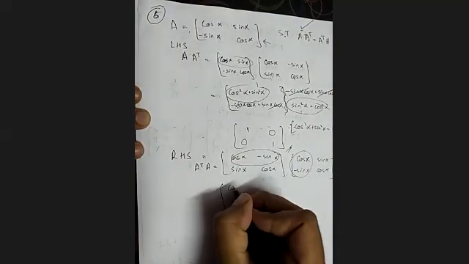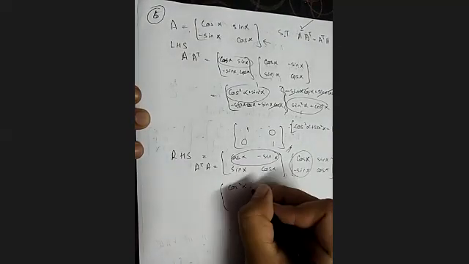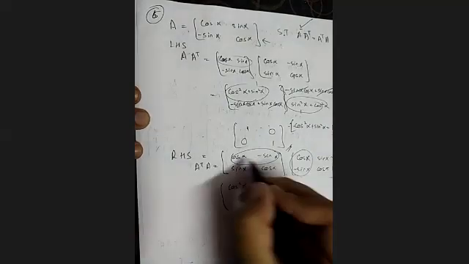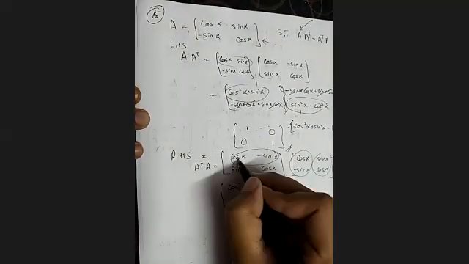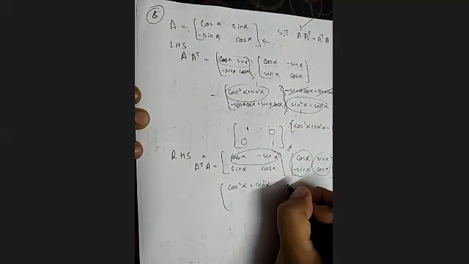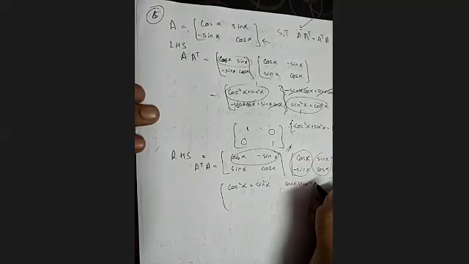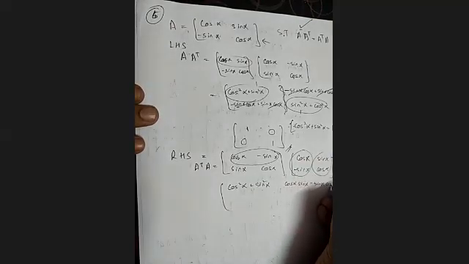Cos into cos, cos square alpha. Sin into sin, sin square alpha. Similarly, rows into column. Cos into sin, cos alpha sin alpha. Sin into cos, minus sin alpha cos alpha.